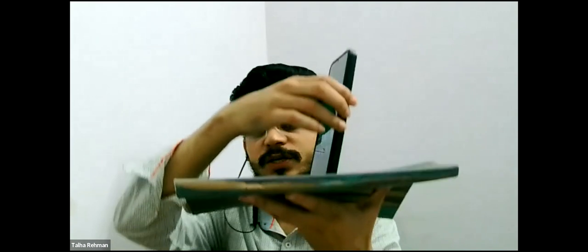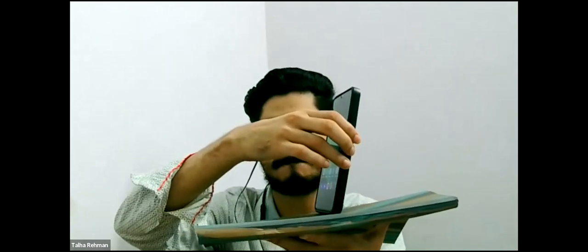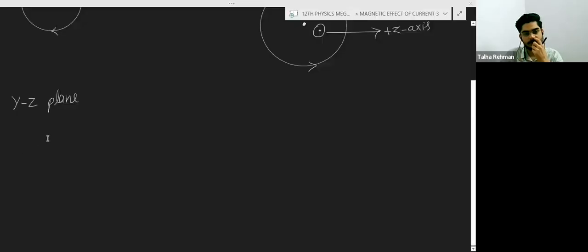The Z axis means the axis which is perpendicular to the XY plane.